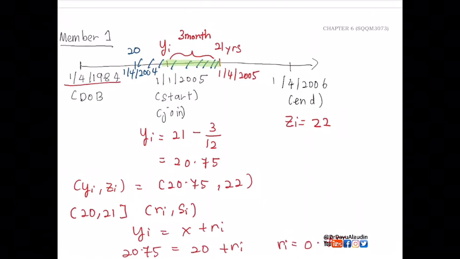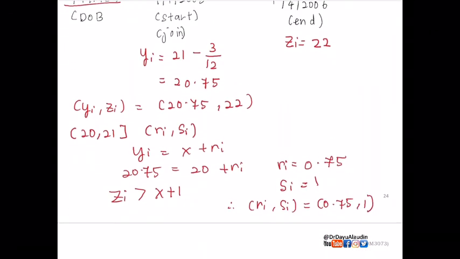Since Zi is greater than x plus 1, Si equals 1. Therefore, Ri and Si for interval estimate 20 to 21 is 0.75 to 1.